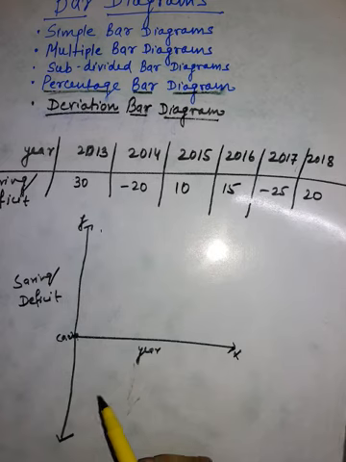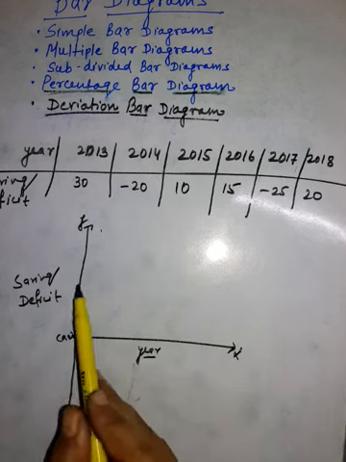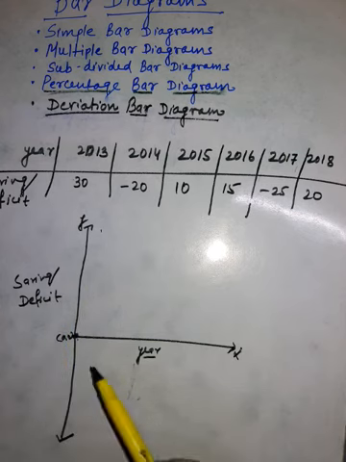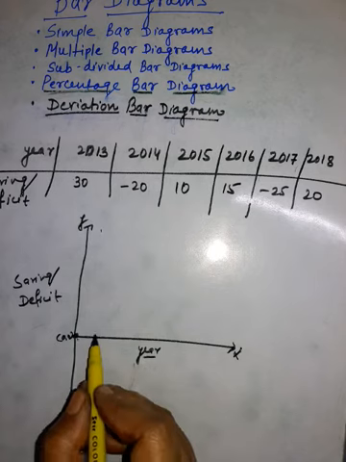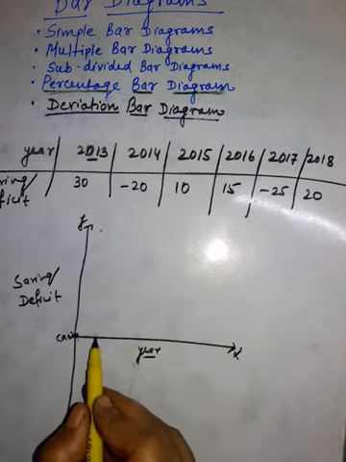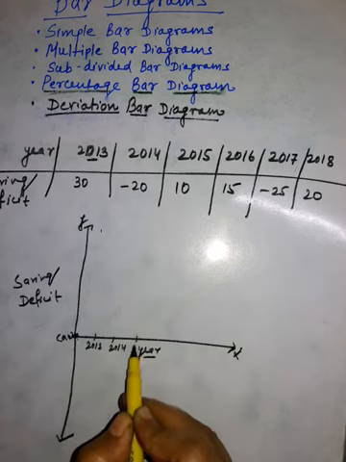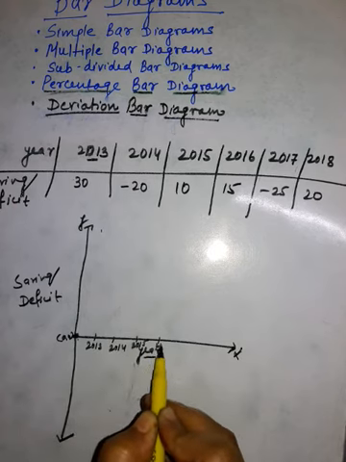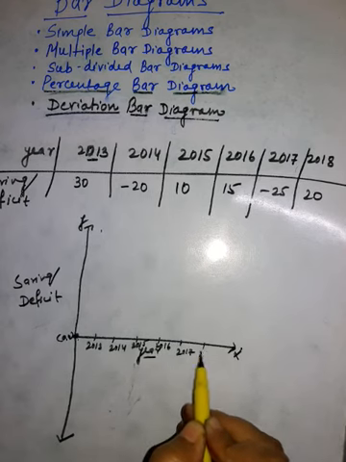Okay, now here is year. X-axis representing year, y-axis representing saving and deficit, both positive and negative. So first year 2013, 2014, 2015, 2016, 2017 and 2018.